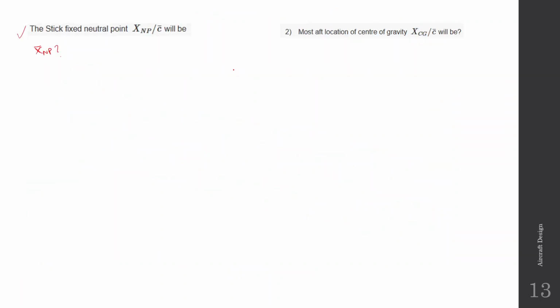To solve this question, for XNP, we'll use the concept of static margin. So we know that dCm by dCl is the negative of the static margin, which is negative of x bar np minus x bar cg. So now we'll calculate this from the graph, and we know xcg, so we can find out xnp.